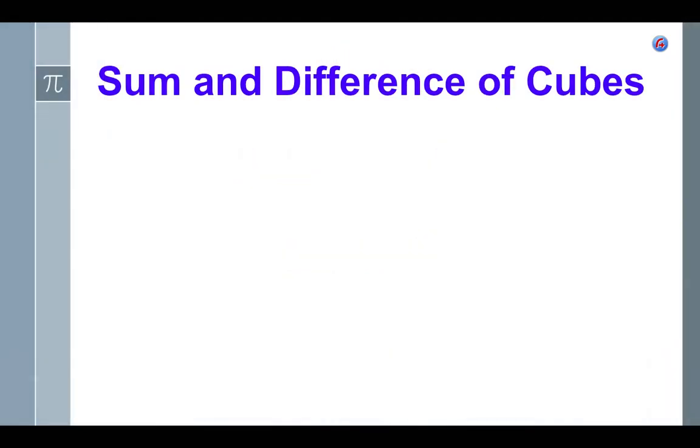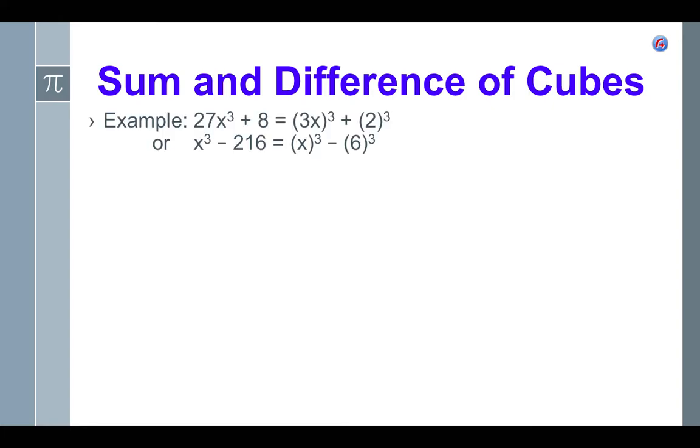So let's go ahead and take a look at factoring a sum or difference of cubes. Really, we're looking at things that look like this, like the original statement here, 27x cubed plus 8, where we could say that 27x cubed is really 3x to the third power, and 8 is really the same thing as 2 to the third power.